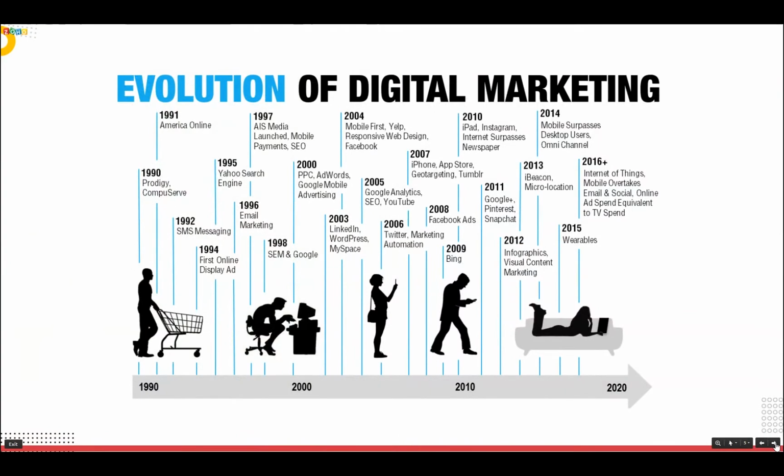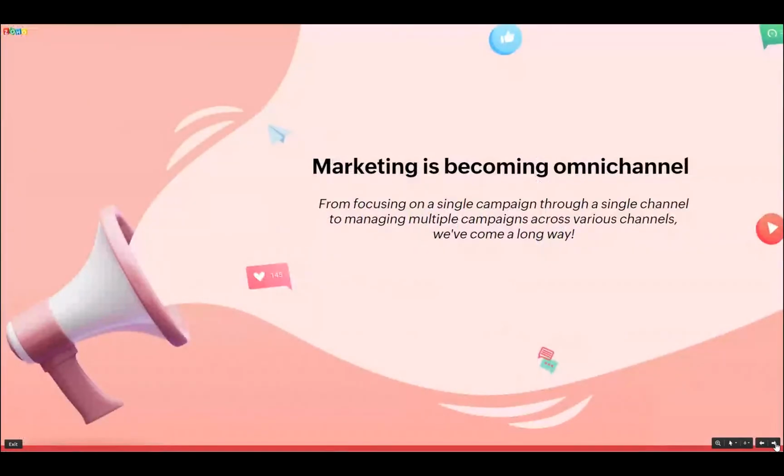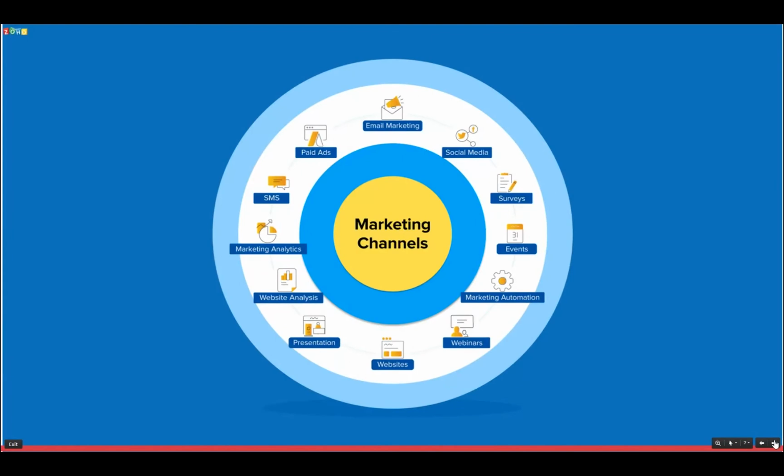And with omnichannel marketing, businesses are able to offer a seamless and integrated experience across various channels as well. So, all the marketing channels working together would create a unified message for your customers and build the brand reputation as well. There are various marketing channels, as we all know. We have emails, social media, surveys, webinars, SMS, events, and so on. Marketing your business across these channels would decrease the rate of customer retention as well.